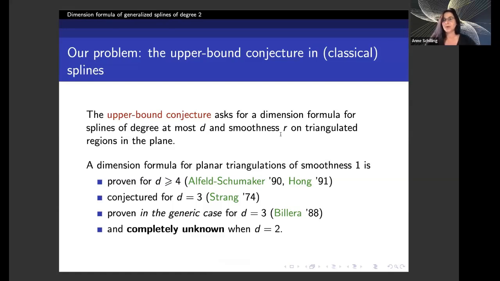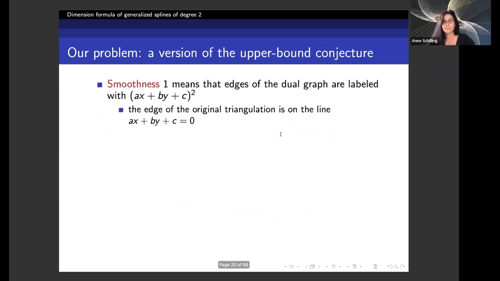So what I want to do today is study this degree 2 case in more detail. As we will see, there is a lot of graph theory, or combinatorics related to graph theory, that comes into studying the problem for d equal to 2.